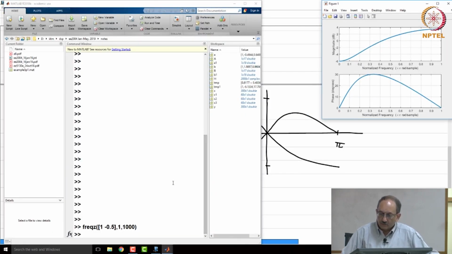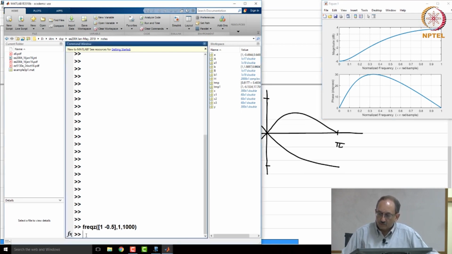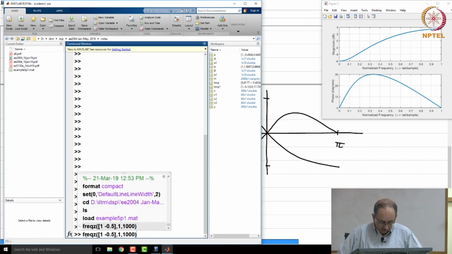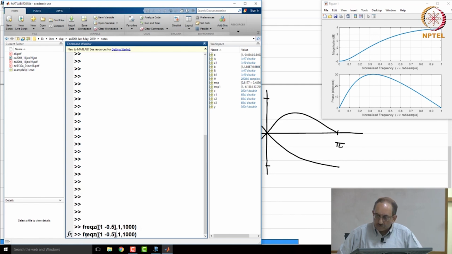And if I now do this, minus 0.5 and 1. So, this is exactly g of z.